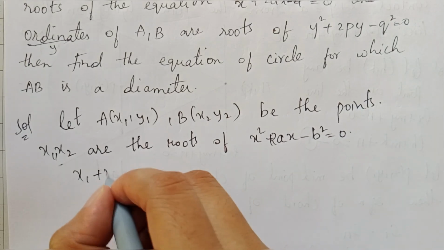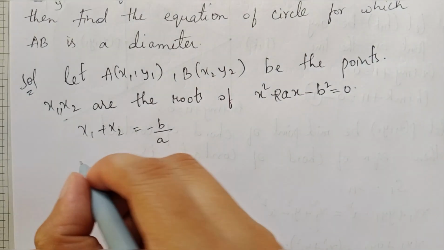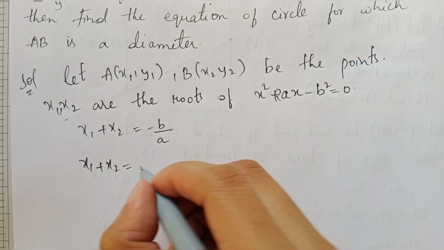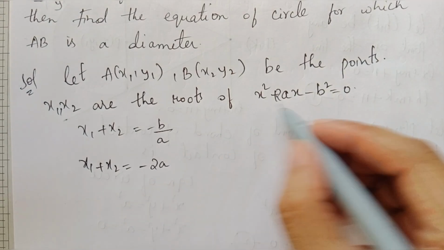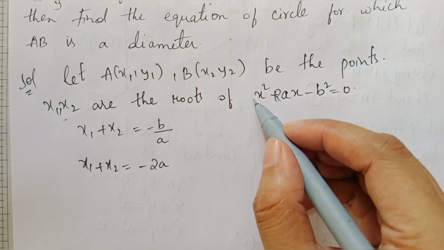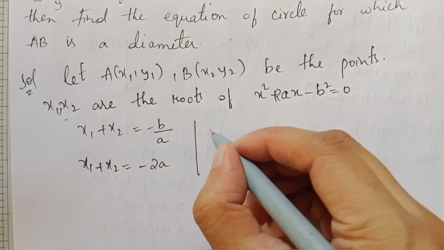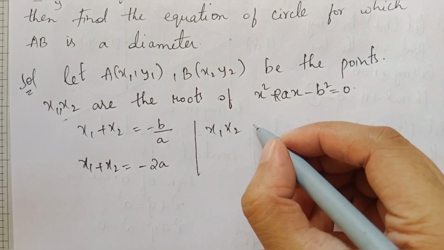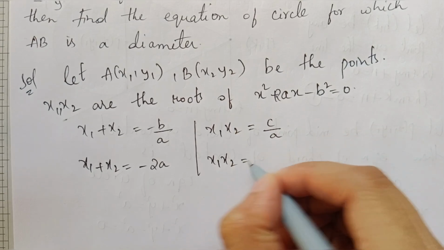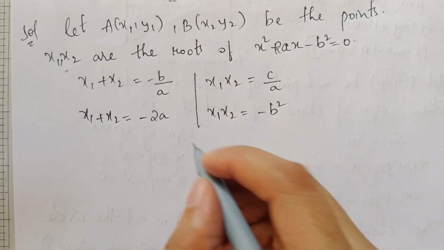The sum of the roots formula is minus b by a, so x1 plus x2 equals, the value of b here is 2a, so it is minus 2a, and the value of a is the coefficient of x square, which is 1. And the product of the two roots is c by a, so x1 into x2 equals, the value of c is minus b square and a is 1.